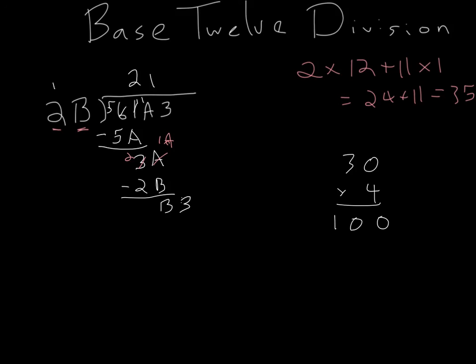So maybe it doesn't go in exactly 4 times, so let's try it going in 3 times. So 3 times B is 29, carry 2.